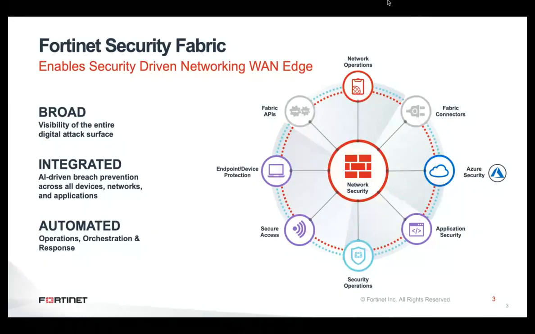Quickly, I'll be talking about where Azure security fits and what our key solutions are in terms of public cloud and on-prem. Just at a very high level, as most of you might know, we have a security solution called Fortinet Security Fabric.